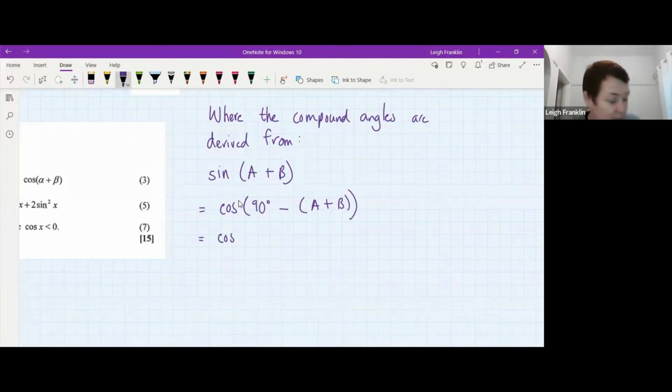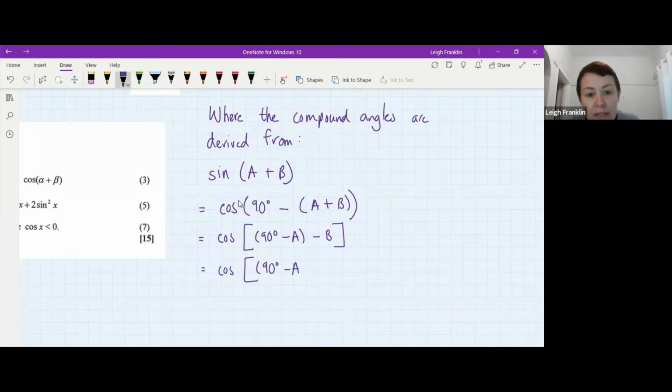Okay, so that gives us the cos of, let's use square brackets, 90 minus A minus B. So that gives us the cos of 90 minus A. Actually, what we could do here, just to make life a little bit easier, hang on.